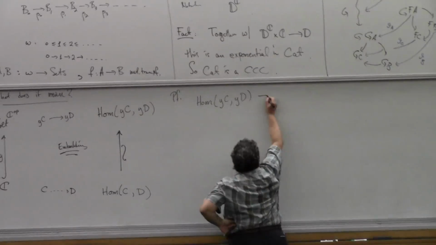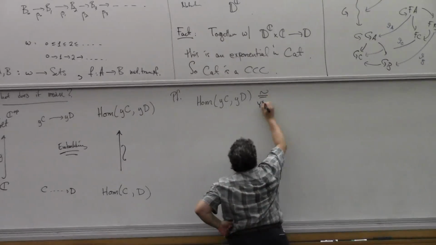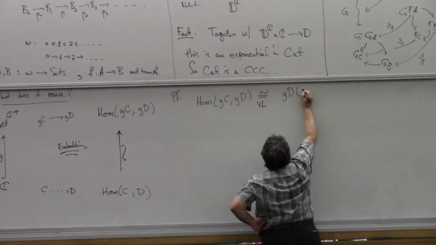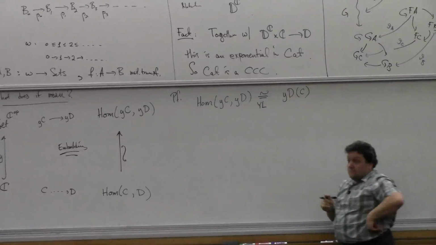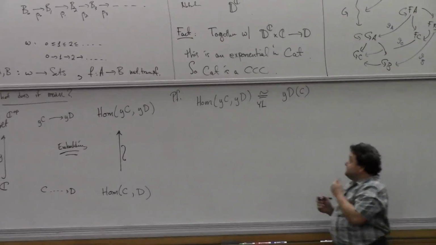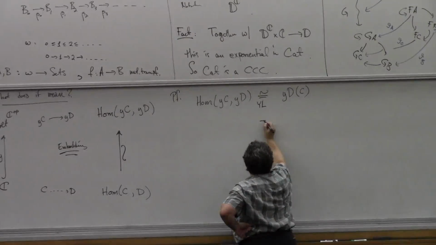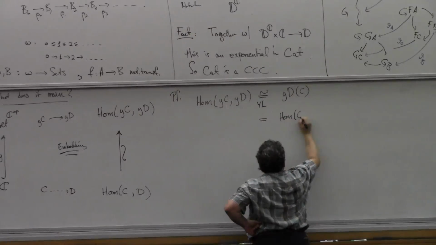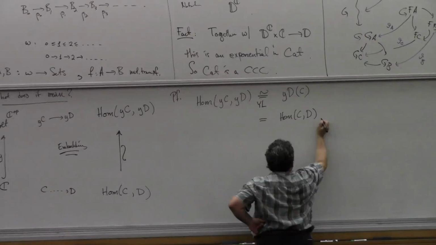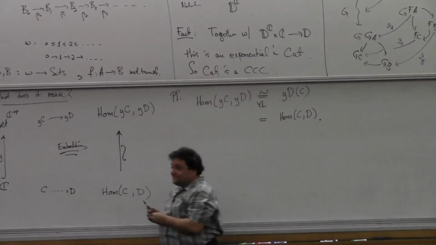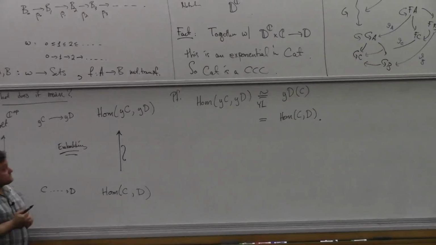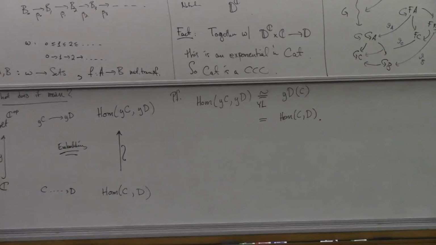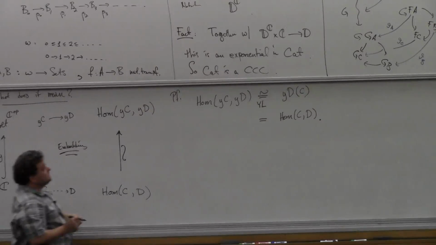Apply the Yoneda lemma to get yD of C. But what is the definition of yD of C? It's Hom(C, D). Good? That's exactly what we're trying to show here. Okay.